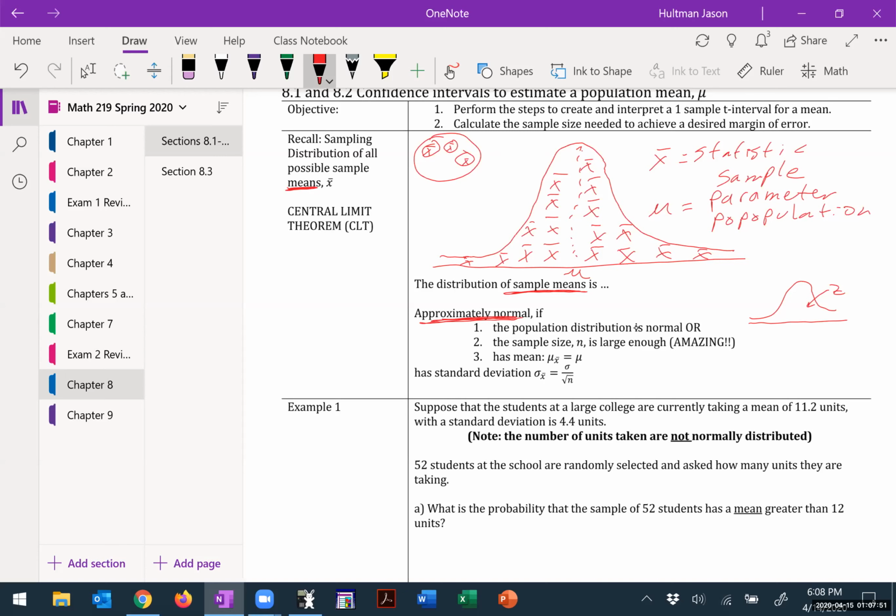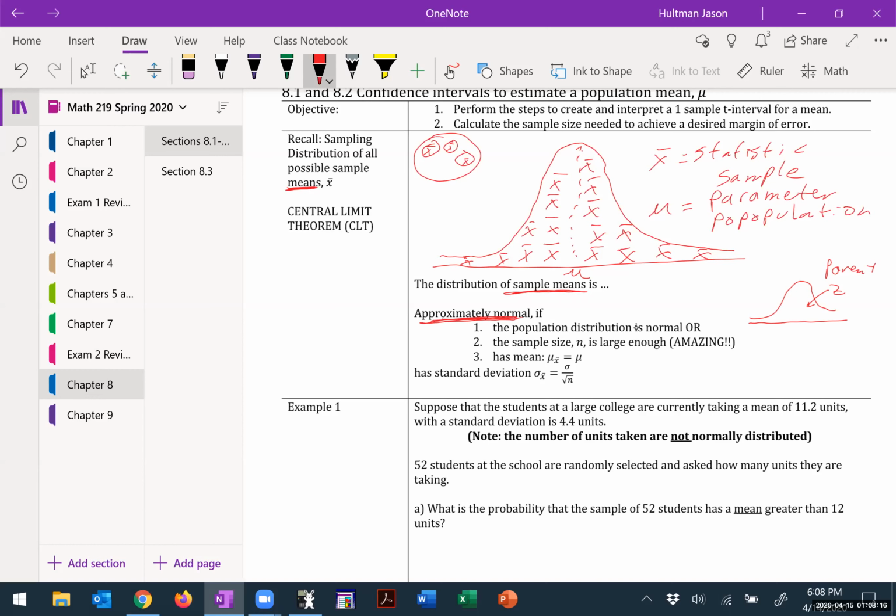The population distribution that the samples came out of was normal. So if the parent was a Z curve or a normal curve, then the child, in which the samples are taken out of, will also be normal.